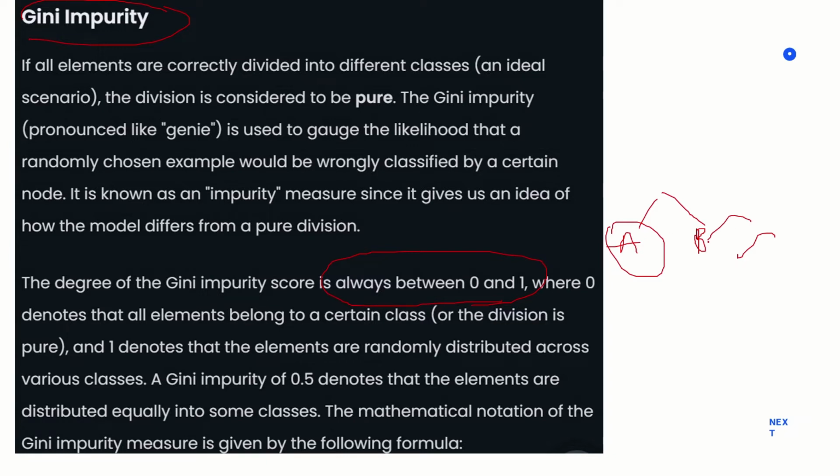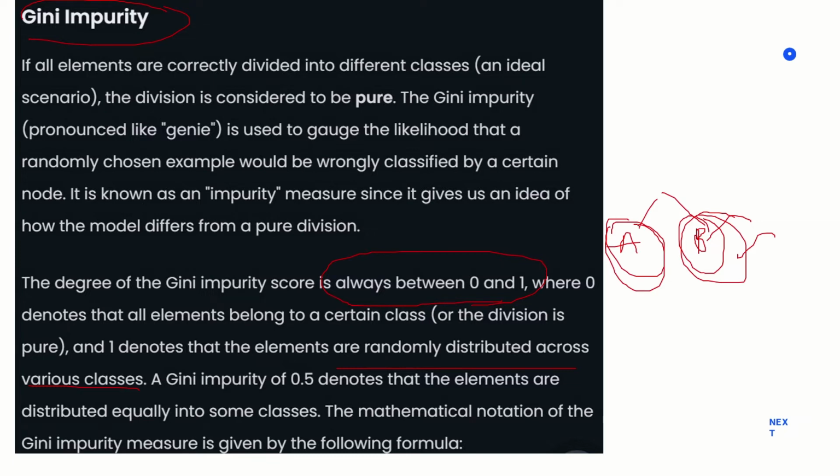And if all the elements belong to class B, it is also 0 degree. But if we have certain elements in class A and certain elements in class B, the degree lies between 0 and 1, and 1 denotes that the elements are randomly distributed along various classes.